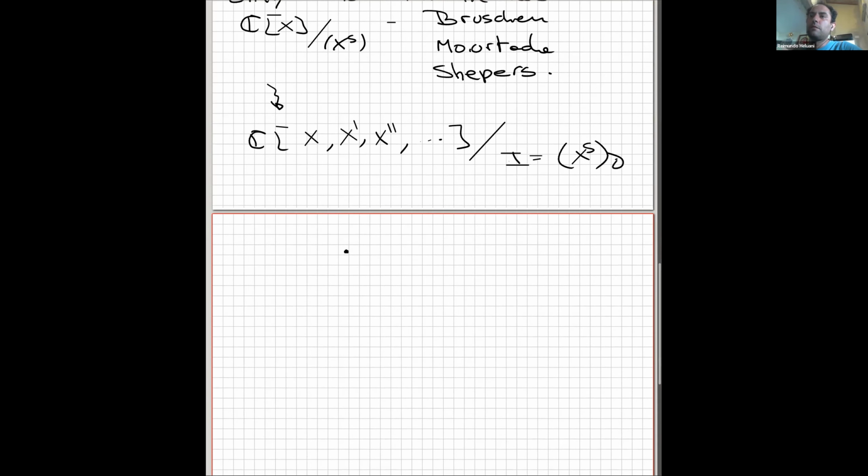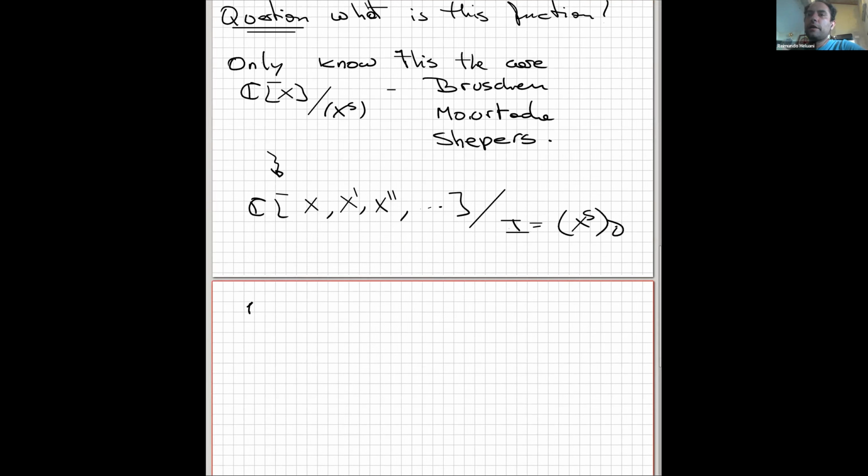The idea is to find a Gröbner basis for I. And once you find a Gröbner basis for I, you get a nice basis for the quotient counting partitions. So you convert the problem of finding the graded dimension to a problem of counting partitions.